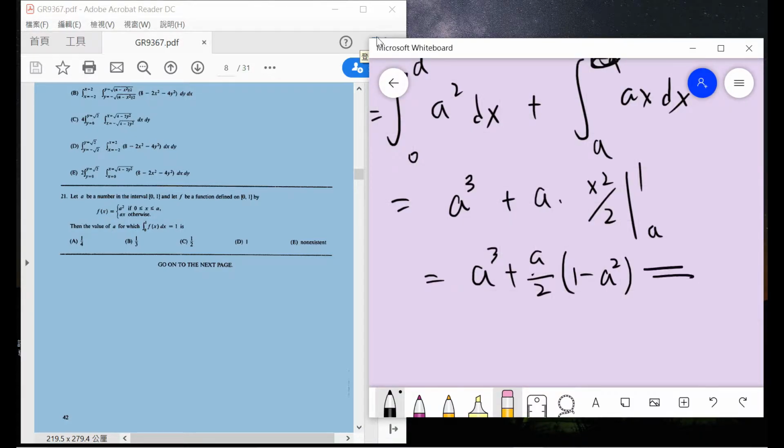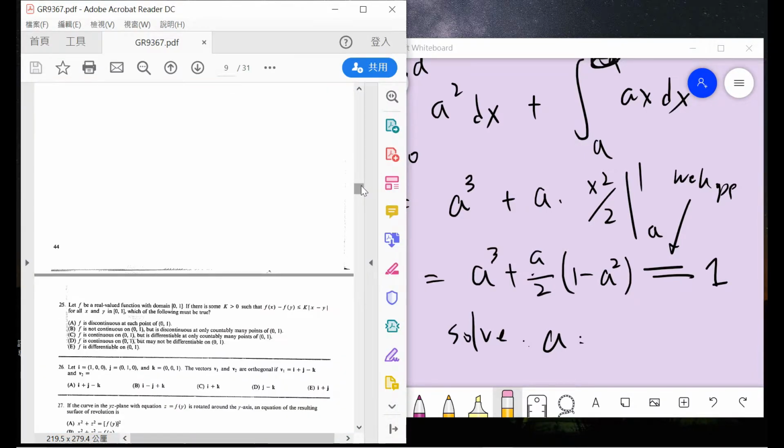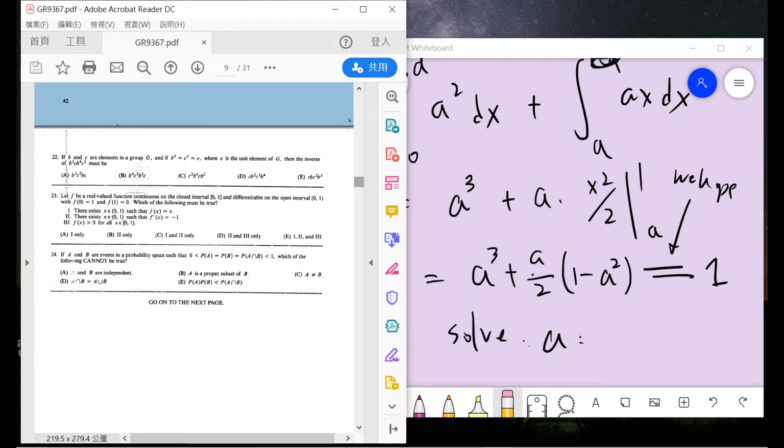And this we hope is 1, and solve for a. When a equals 1, you see the answer. So basically, these two methods are equivalent.